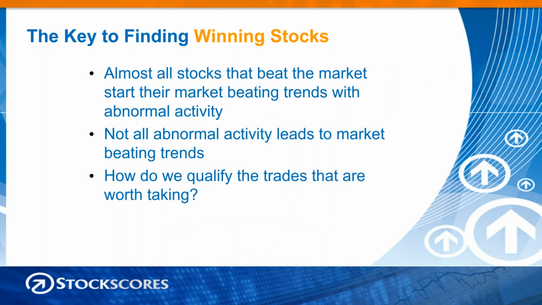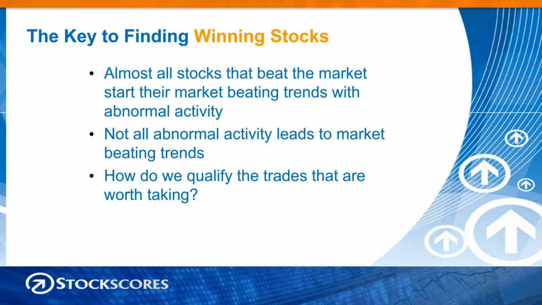move along. Almost all stocks that beat the market start their market-beating trends with abnormal activity. Not all abnormal activity leads to market-beating trends, and so therefore we need to qualify the trades that are worth taking. This is a super important slide, so I'm going to say it again.